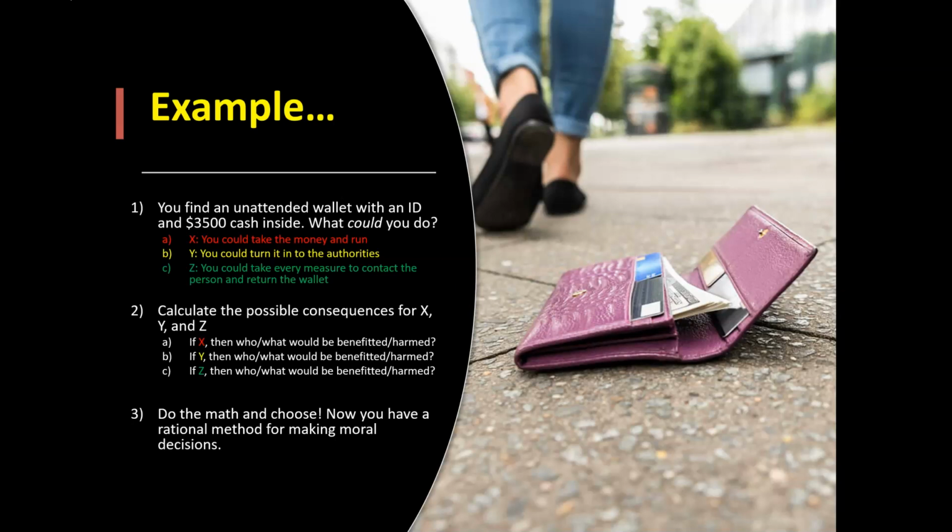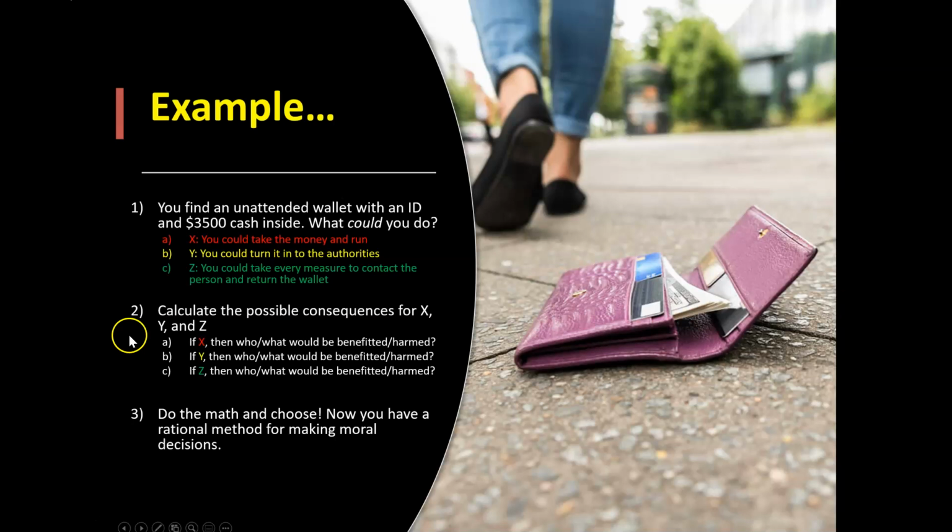Don't think about what you're inclined to do or what your emotions tell you to do. You stop, take a breath. What are the possibilities here? Well, A, you could take the money and run. B, you could turn it into the authorities. Or C, you could take every measure to contact the person and return the wallet. Let's say these are your three options, right?